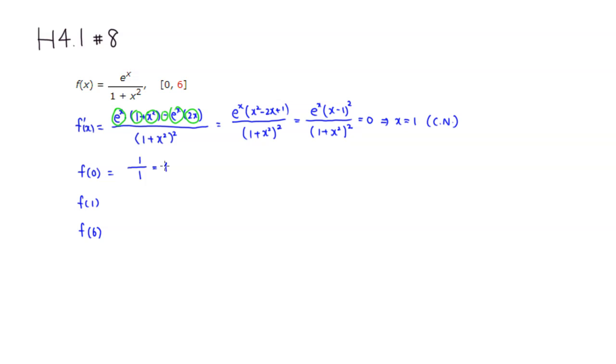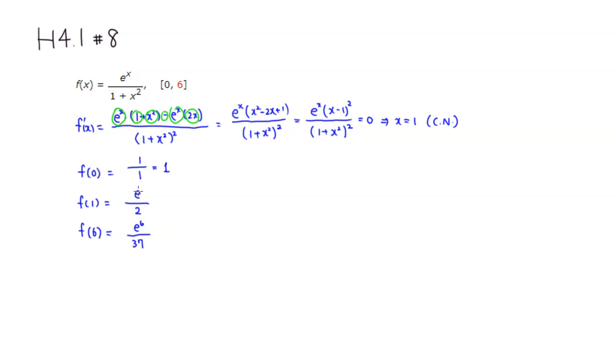So this is going to be just 1. If you plug in 1, e to the 1 is e, over 1 plus 1 squared, would be e over 2. And for 6, you have e to the 6th power over 1 plus 6 squared, which is 36, so 37.